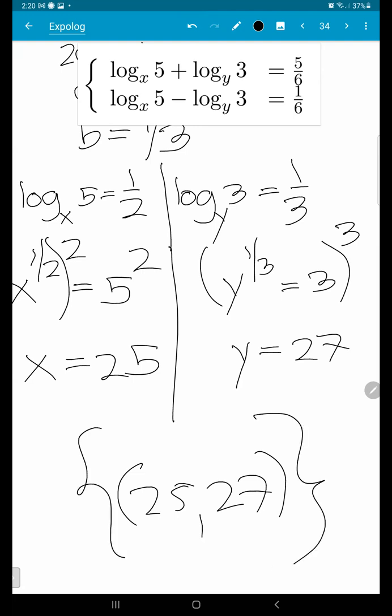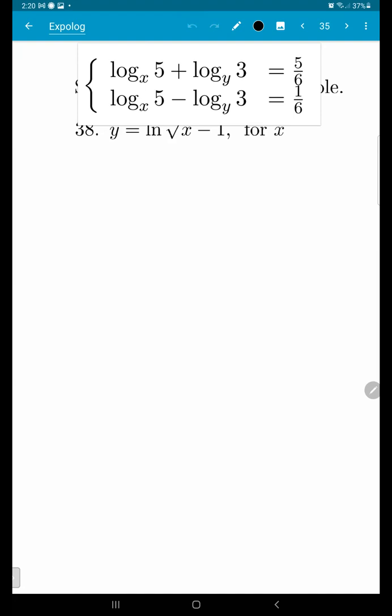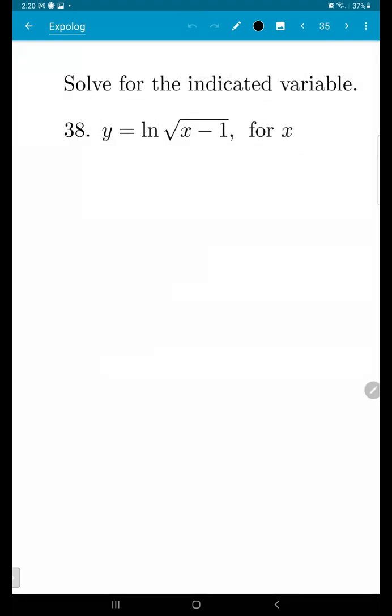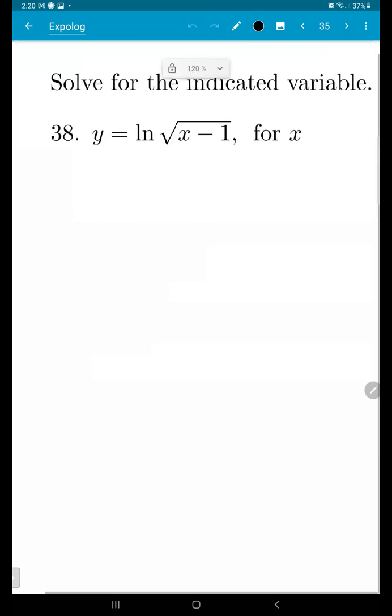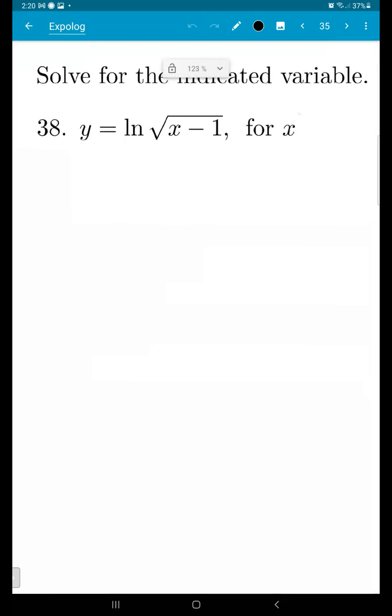Any question? Okay, next. So you are to solve here for the indicated variable, which is x. Sometimes an equation may contain more than 2 independent variables. It has to be indicated. So y is given explicitly in terms of x.